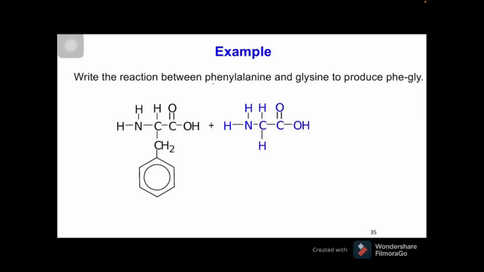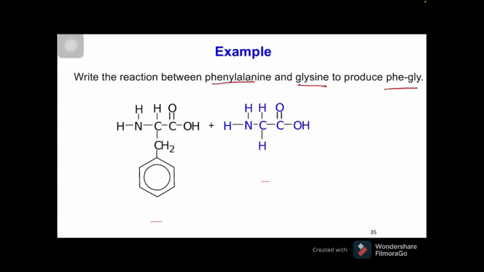Look at the last example. Write a reaction between phenylalanine and glycine to produce PHE-GLY. Try to find out the answer.